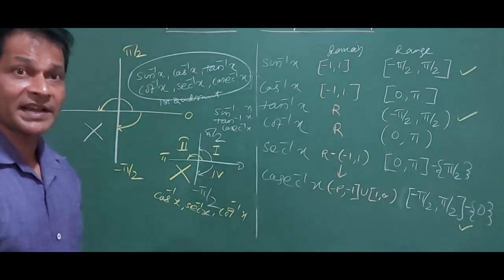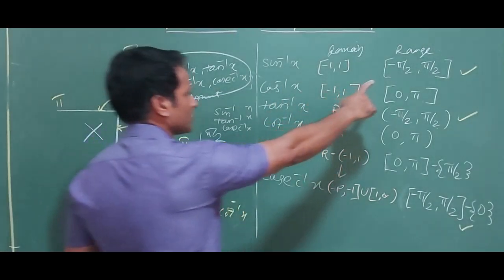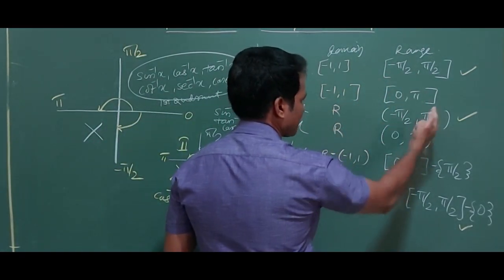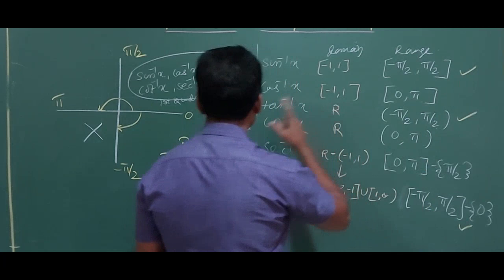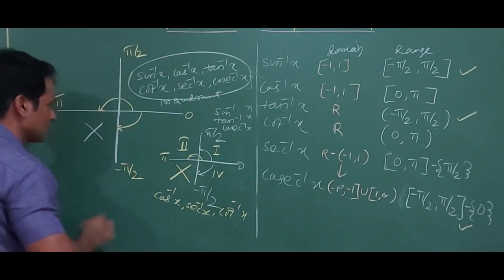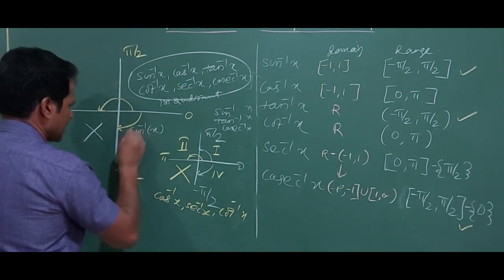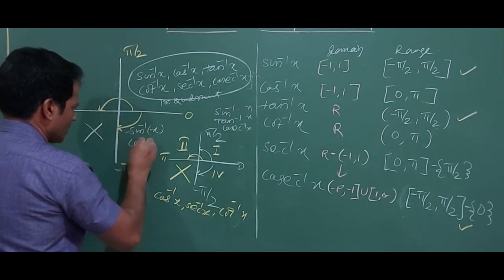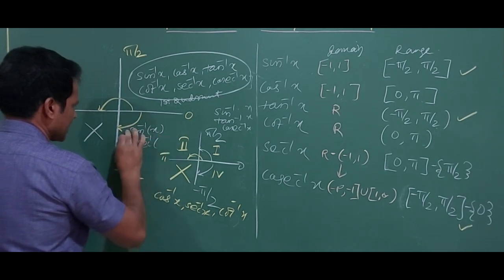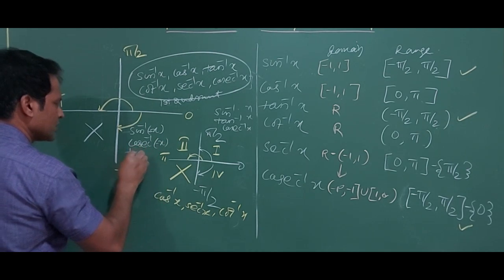Then, if they are negative, what will happen? I got minus pi by 2 for three things: sin, tan and cosec. That means in the fourth quadrant: sin inverse negative, cosec inverse negative, and tan inverse negative.